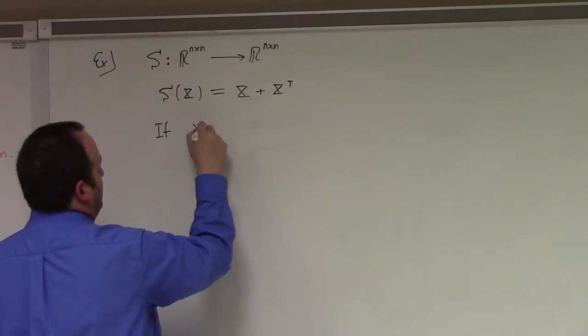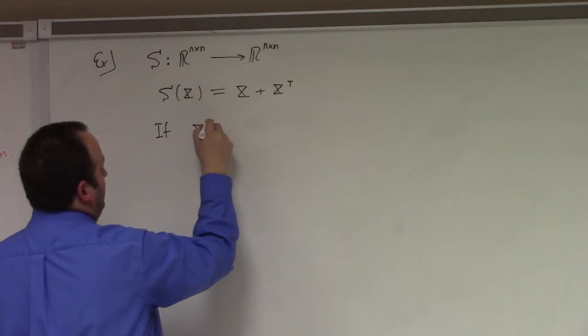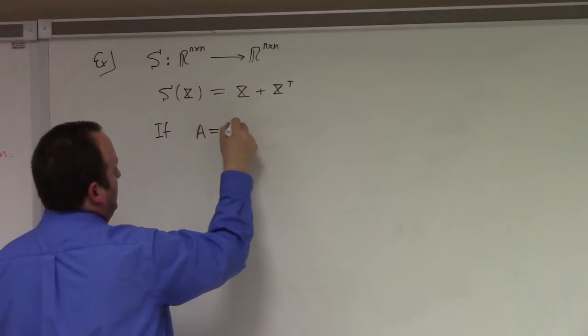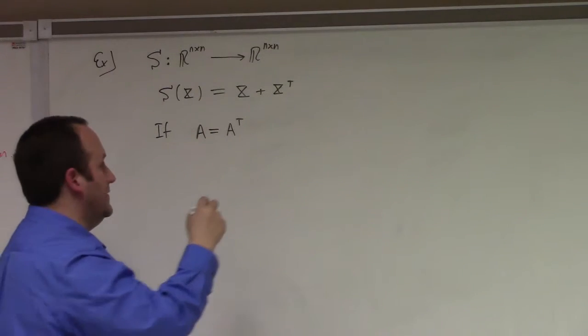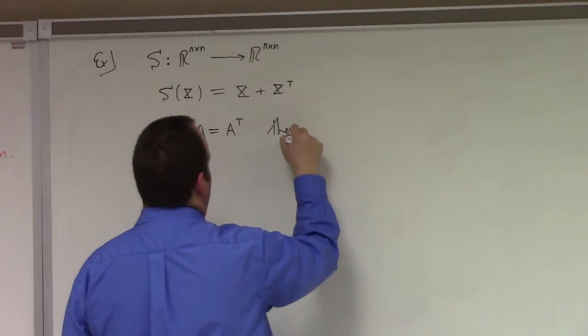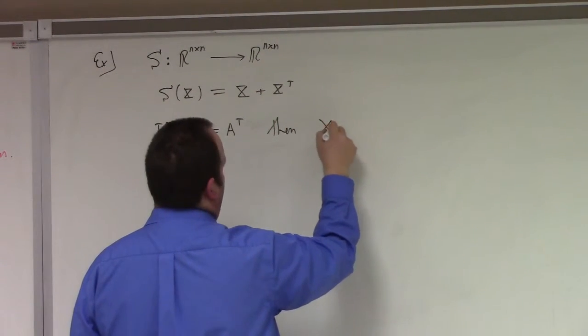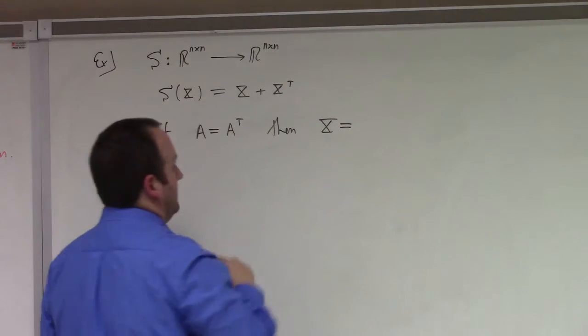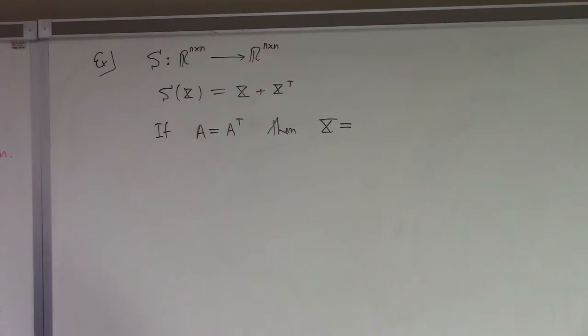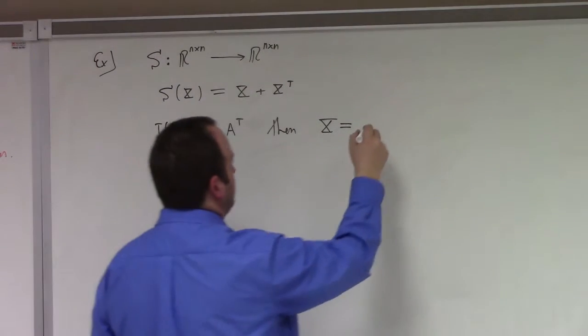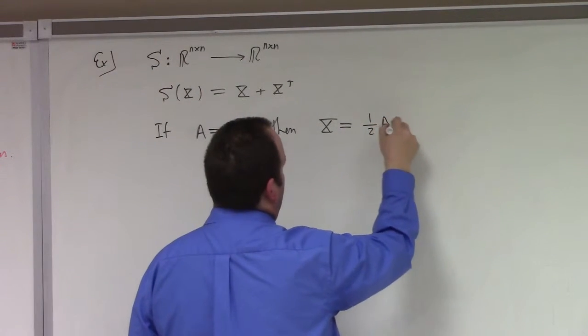If you have x, let's say A equals A transpose, a symmetric matrix, then if we set x equal to 1/2 A, we'll get what?